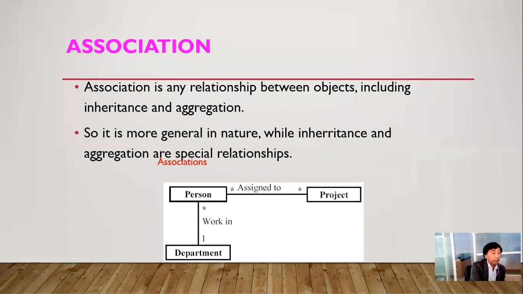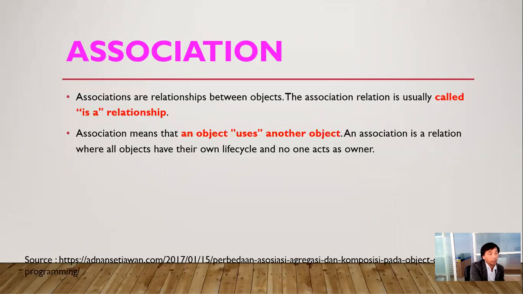Okay. And we step further regarding another relationship. So in general, association will be called the "is a" relationship. Okay. So whenever you hear about the "is a" relationship, then it will be referring to the association relationship. So we can say that association means that an object uses another object.